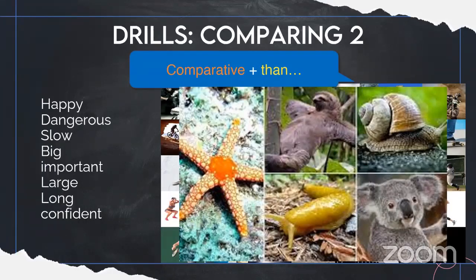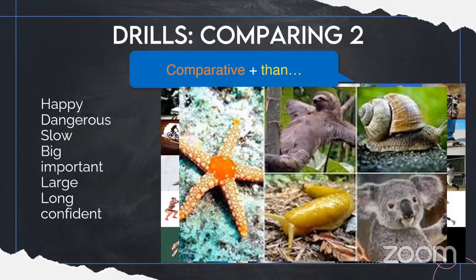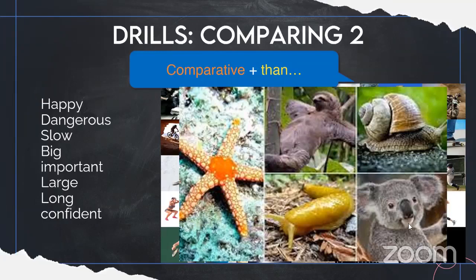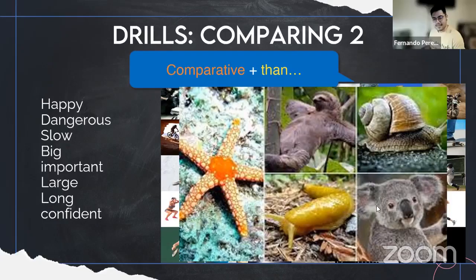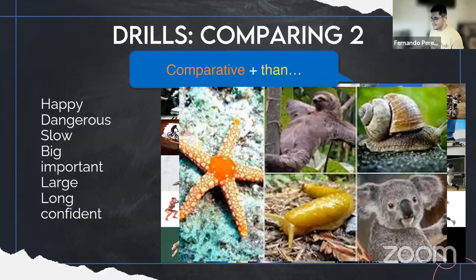A snail is slower than a koala. Sounds very, very good. Perfect.